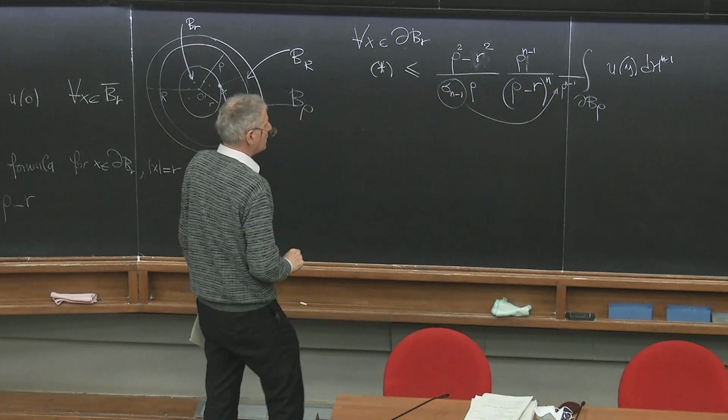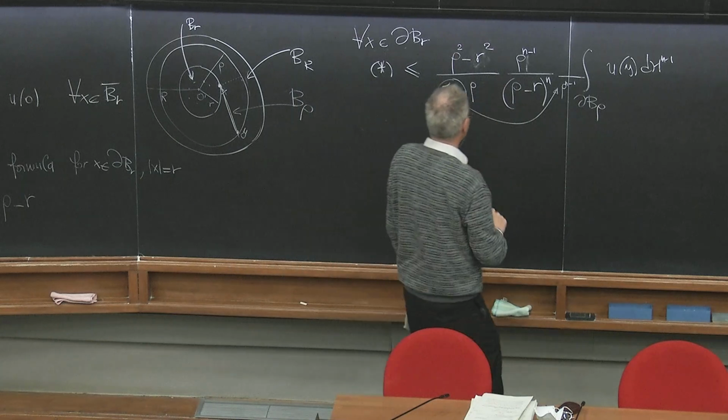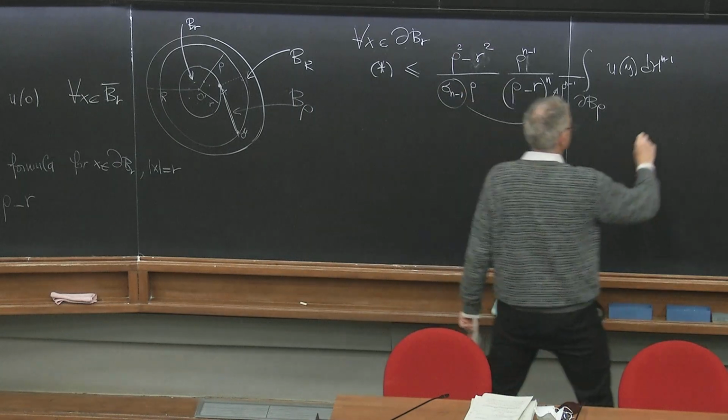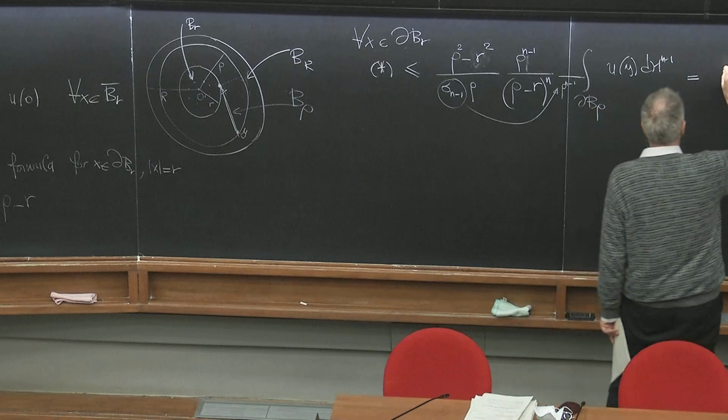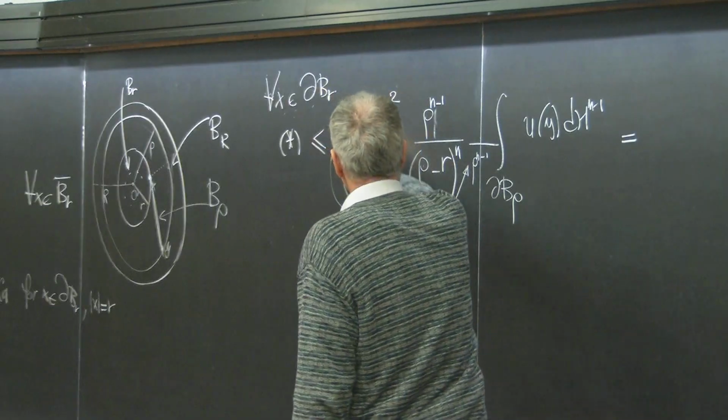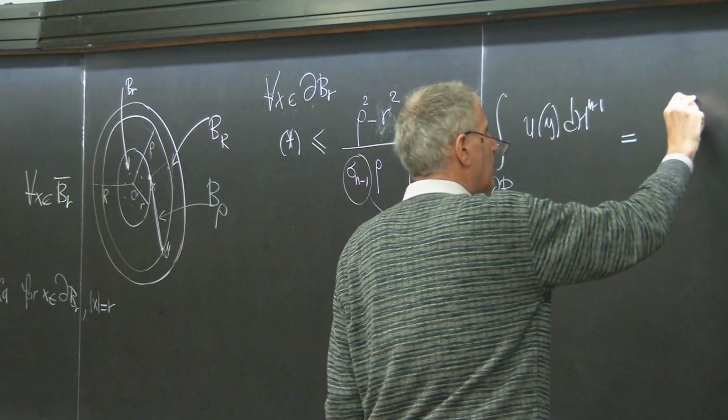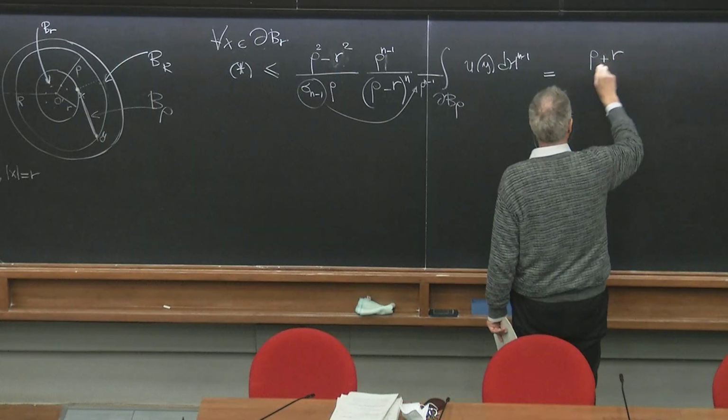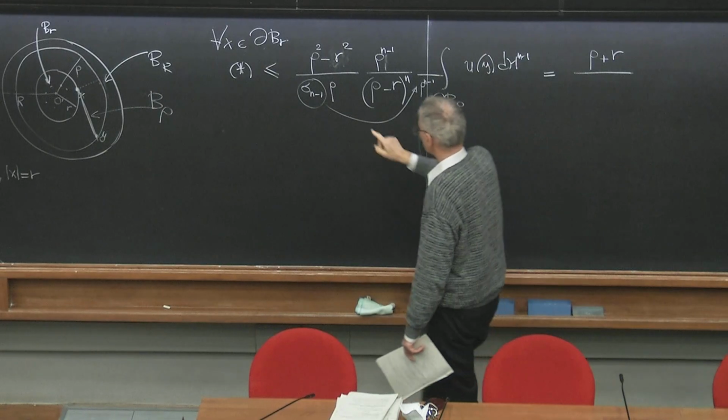So this factor here, one of the rho minus r cancels with this, so rho plus r remains, divided by rho.